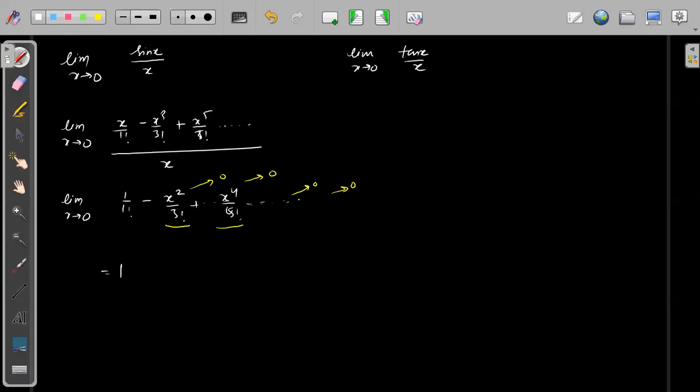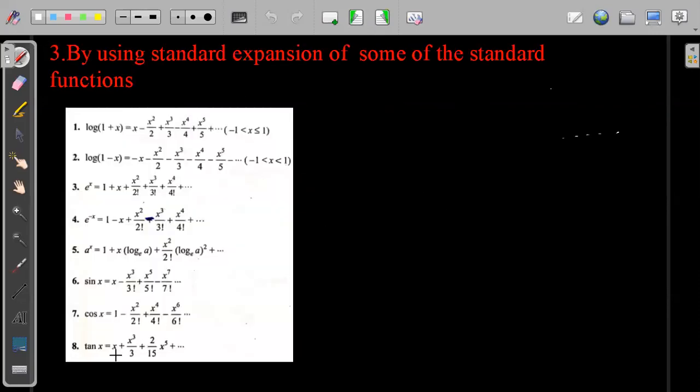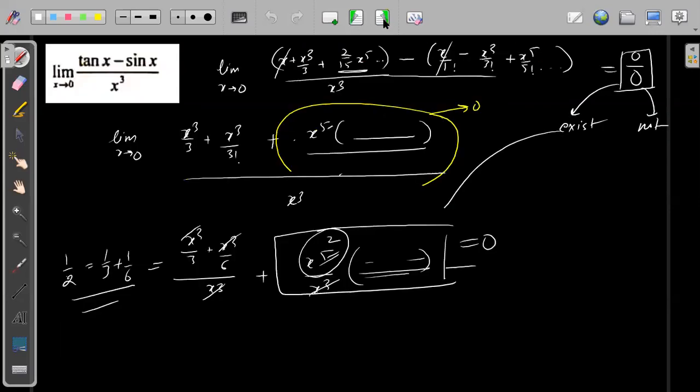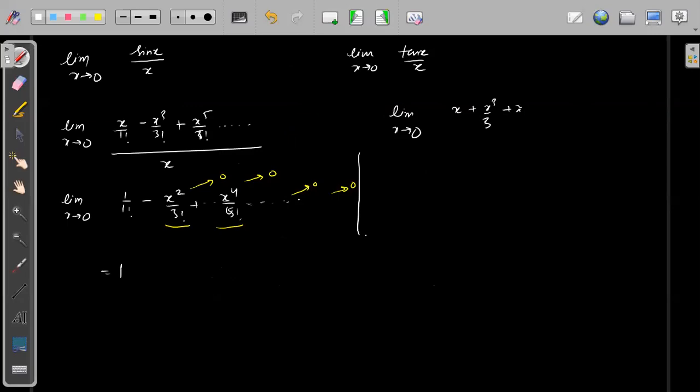Okay. Similarly for tan x also. When I write the series, limit of x tending to 0. Remember, for tan x you have to remember: this is x, then x cube, then x to the power 5. So this is x plus x cube by 2. I think it was 2. Yeah, 3. x cube by 3 plus x to the power 5 into 2 by 15, divided by x.